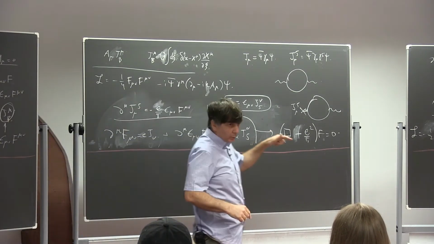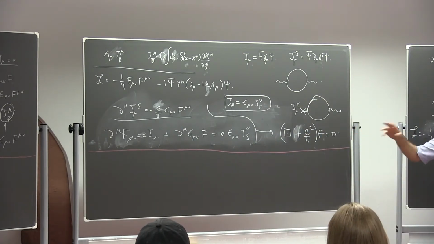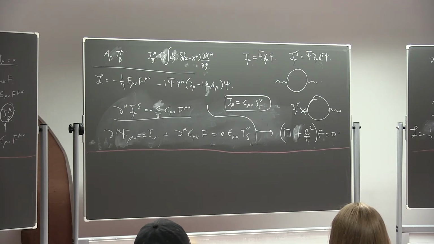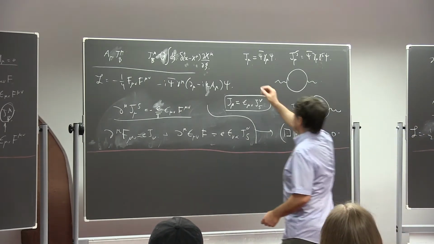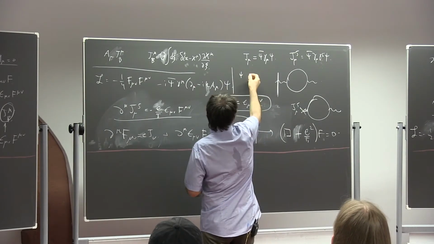Now the final link we can make, just remembering the very special properties of 1 plus 1 dimensions: in 1 plus 1 dimensions we have bosonization. Bosonization means that there are relations between fermions and scalars.